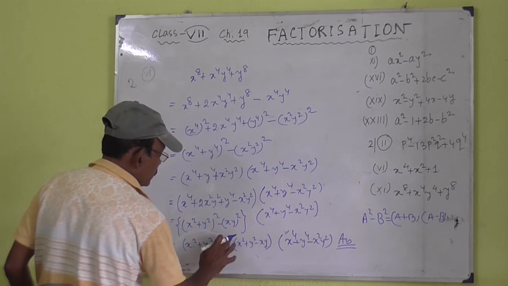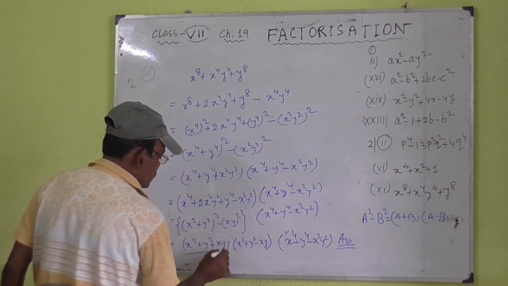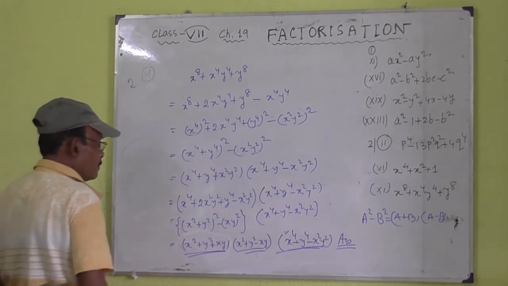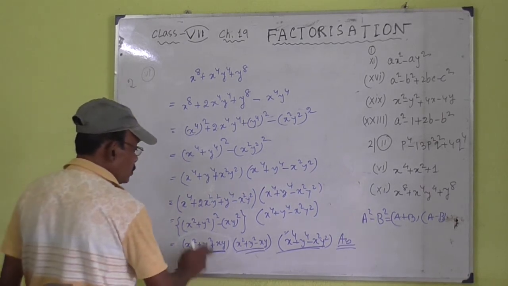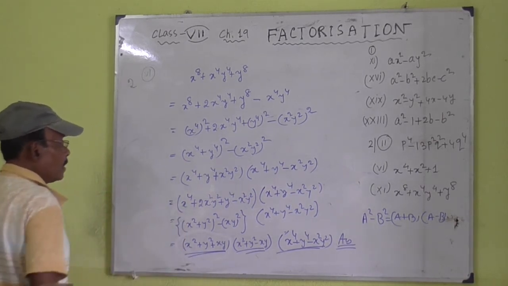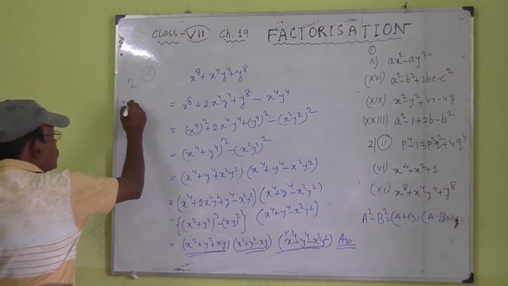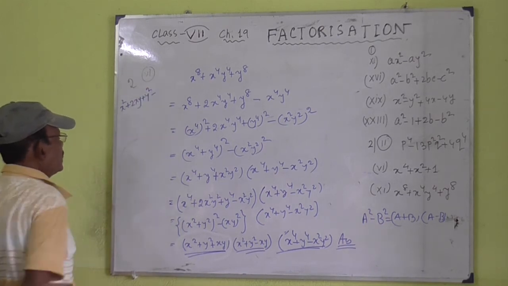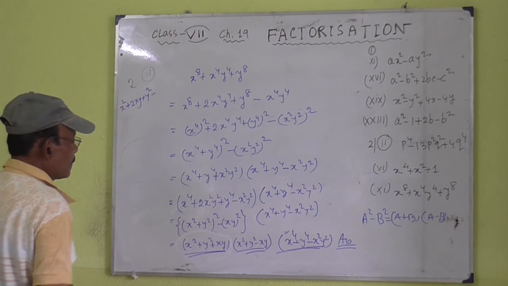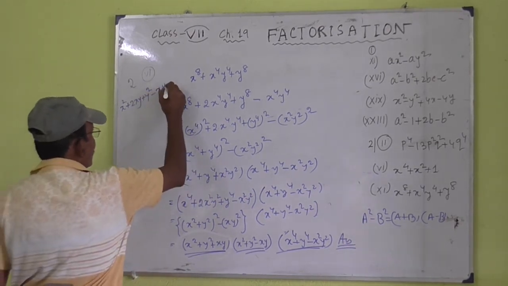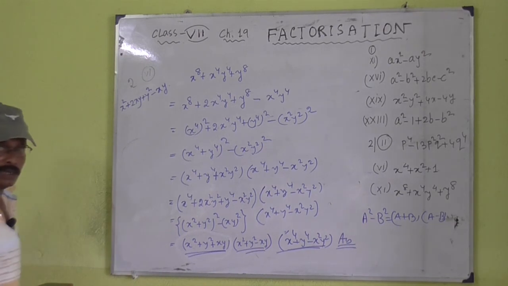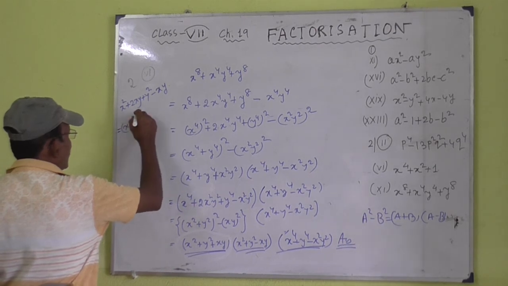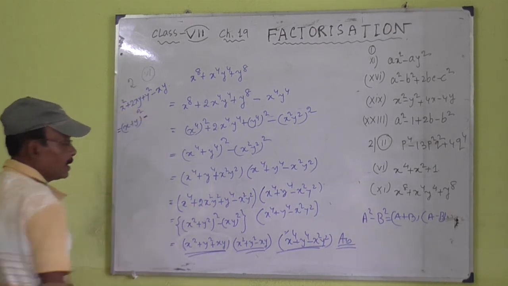Here these 3 steps are the final step. Now, try to break this. To make balance, x square plus 2xy plus y square minus xy. Is it clear? So, it will form a plus b whole square minus xy.